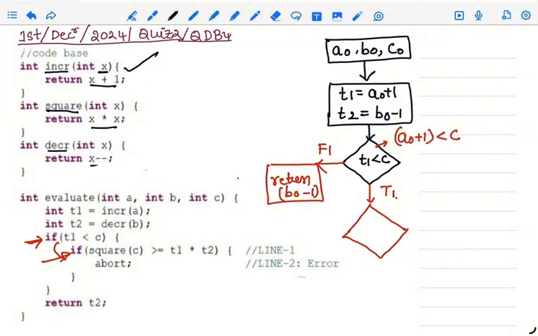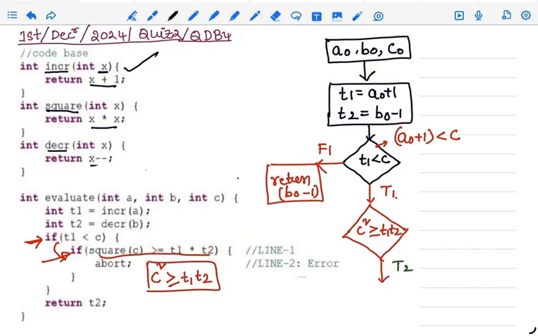Here the if condition is: square of c, that is c squared, greater than or equal to t1 times t2. This is the second if condition, that is c squared is greater than or equal to t1 t2. Why t2? Because this is the t2 second if condition and that was the t1 first if condition. Return b0 minus 1.